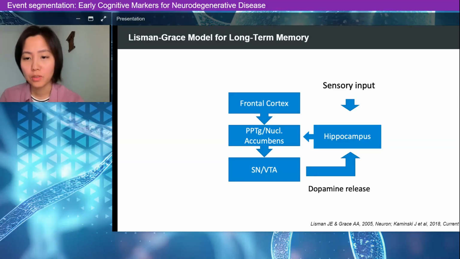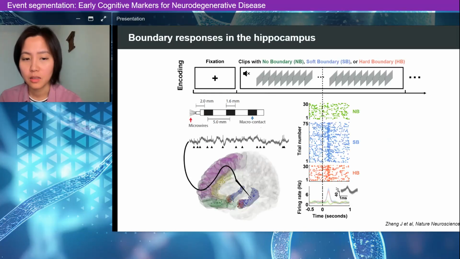So we clearly also see some of this evidence in our hippocampal recording as well. In a different task, when we ran a similar experiment on patients with drug-resistant epilepsy while recording their activities at the single cell level from the hippocampus, we also found some of the neurons in the hippocampus responding to this kind of boundary signal as well.